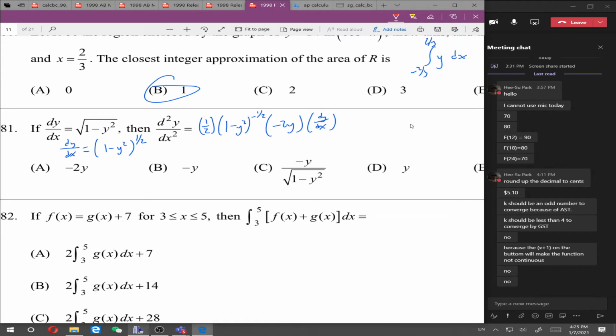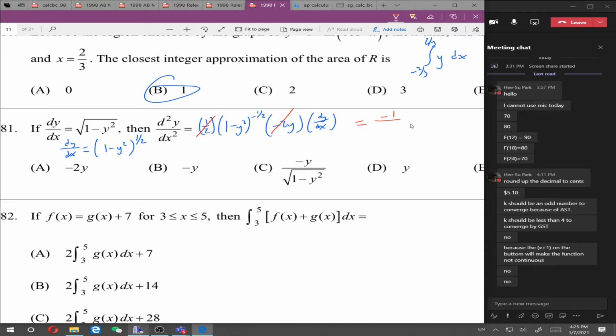So this 1/2 and this negative 2 can cancel and leave me with negative 1. So I'm left with negative 1 over, this is a negative exponent, so what can I do with this part? If I have a negative exponent, what happens?